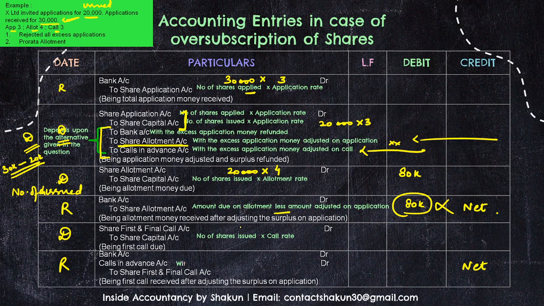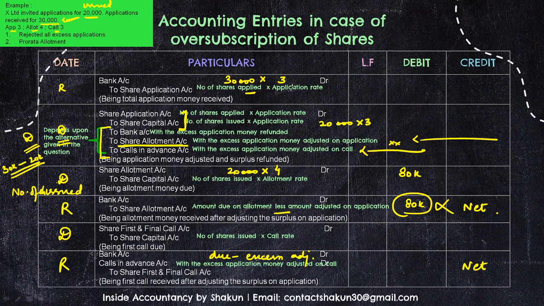So the amount which is due on call, less the amount that has been adjusted on call. So we will subtract from the due the excess amount that has been adjusted. So these are the entries that you will pass. So basically the entries remain the same.